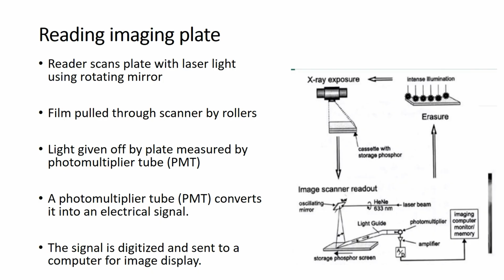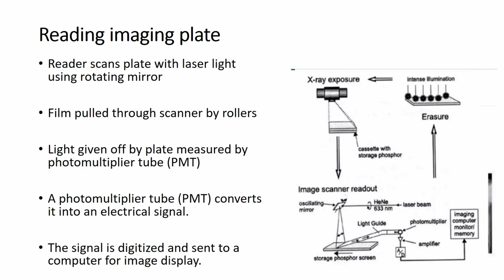Now let's discuss reading the imaging plate. The reader scans the plate with laser light using rotating mirrors. Then the film is pulled through the scanner by a roller.